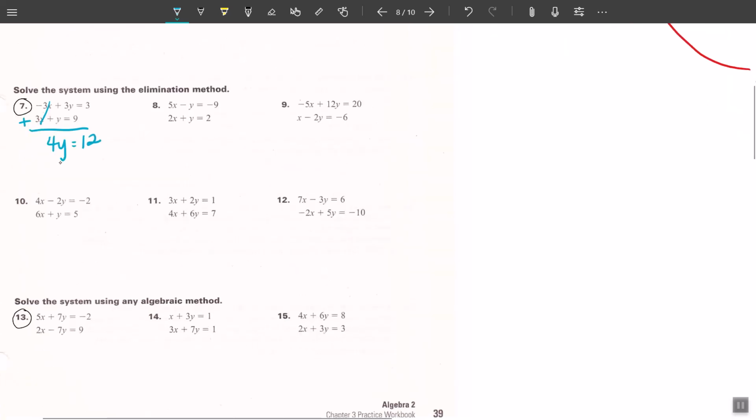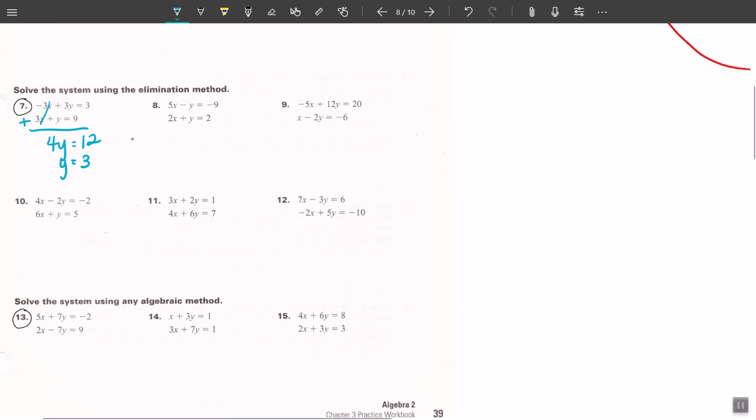And if I solve all the way down, I get a y of 3. So that, again, is part of my answer, but I've got to back up and plug that 3 back into one of these equations. I'm going to evaluate one of them at 3.